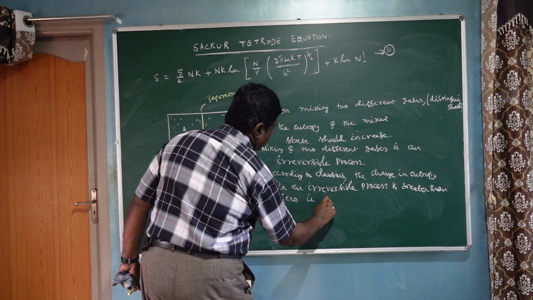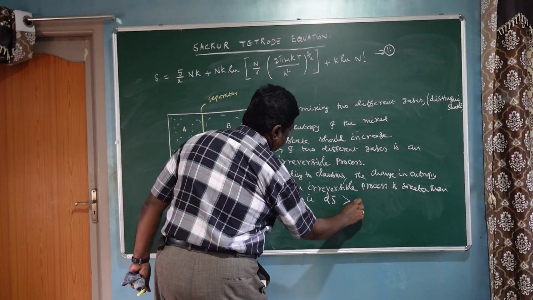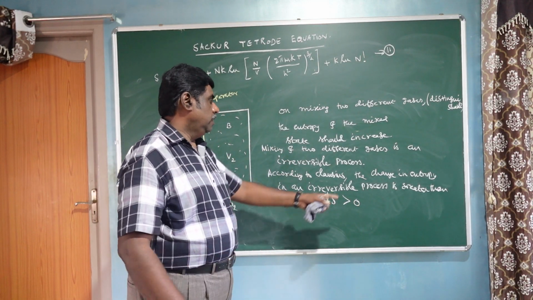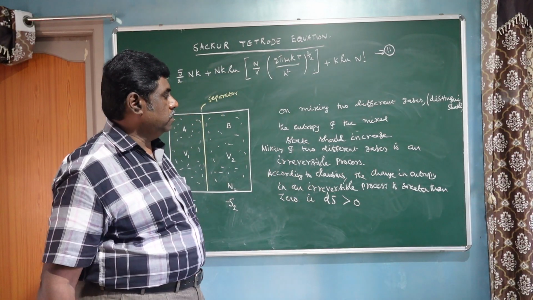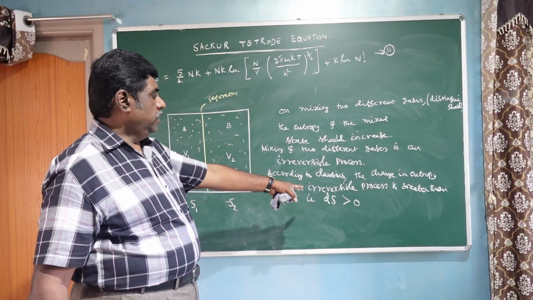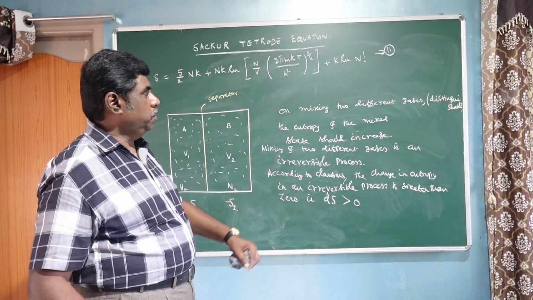That is dS greater than 0. According to Clausius, the change in entropy in an irreversible process is greater than 0. dS means change in entropy.